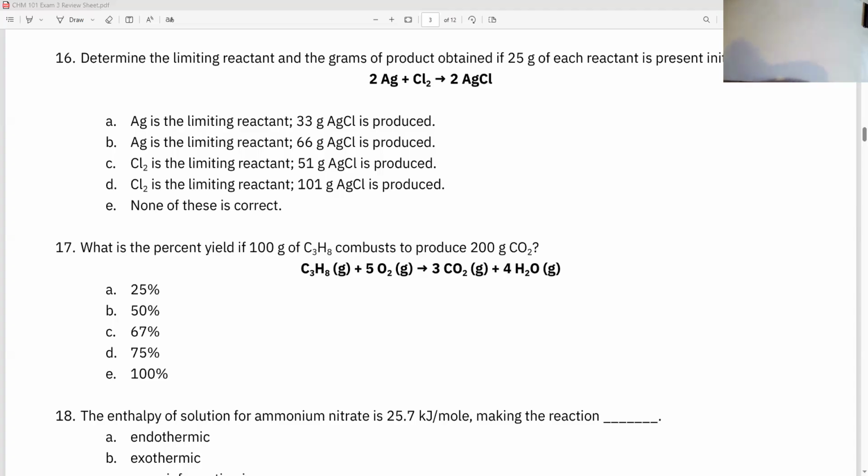All right, so let's write down the reaction first. The question tells us determine the limiting reactant and the grams of product obtained if 25 grams of each reactant is initially present.